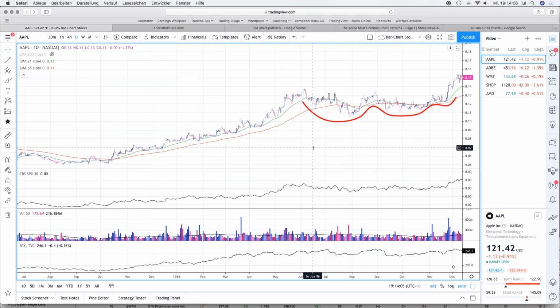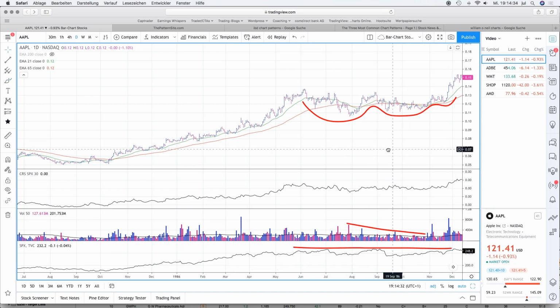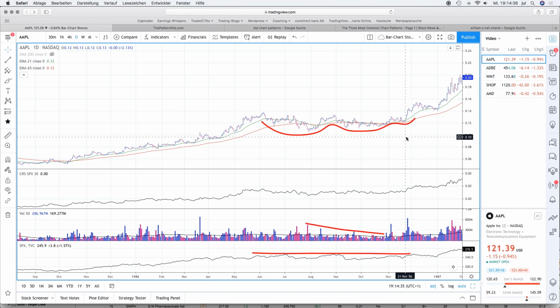And this is something where I take a minute and look also at the volume here, and I can see, okay, there was a decrease, a dry up in volume, and the stock broke out. Then I can also look at the S&P 500, which is my indicator here at the bottom, and I can see the S&P 500 was in a consolidation at the time, so the stock was very strong in 1986 when it broke out.